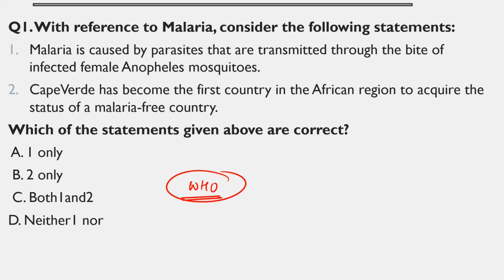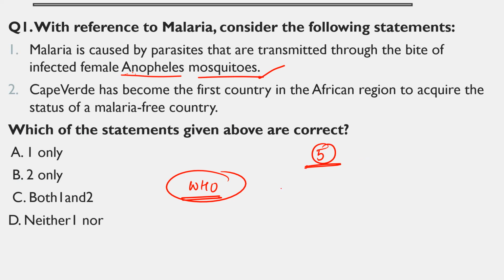If I talk about malaria only, it is a life threatening mosquito borne blood disease which is caused by what? It is caused by the infected female Anopheles mosquito, a parasitic disease, right? There are five Plasmodium parasites which can cause malaria in humans.